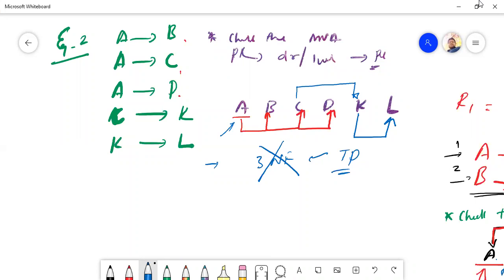Since there is only one primary key, no composite, you will not find any partial dependency. Sometimes you may think this relation is second normal form, but it is definitely not third normal form, because this K, L, you can see a transitive dependency.